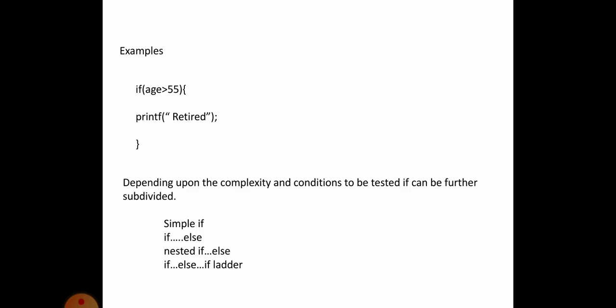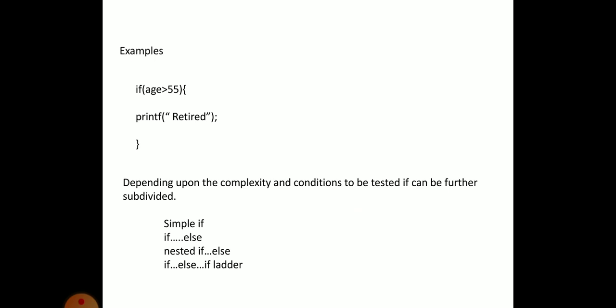For an example of decision making using the if statement, we can say: if age greater than 55, printf retired. Here we are using the if statement to check whether the age is greater than 55.